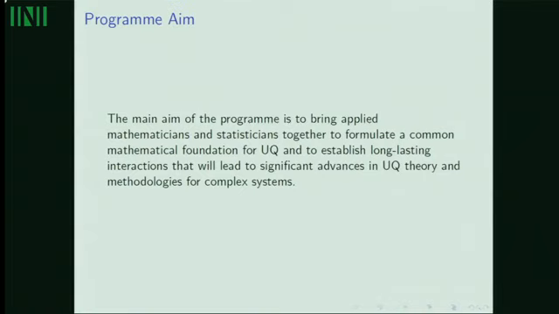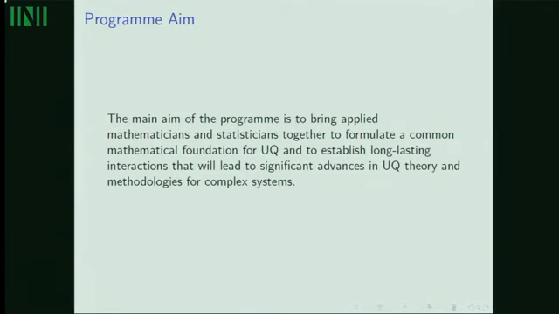And the program aim, which is taken from the website, was to bring together the applied mathematicians, numerical analysts, and statisticians to formulate a common mathematical foundation. Are we doing the same thing? Are we doing different things? Can we build some rigorous grand theory of uncertainty quantification?